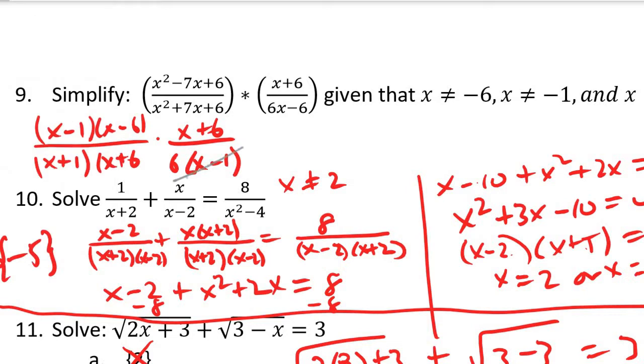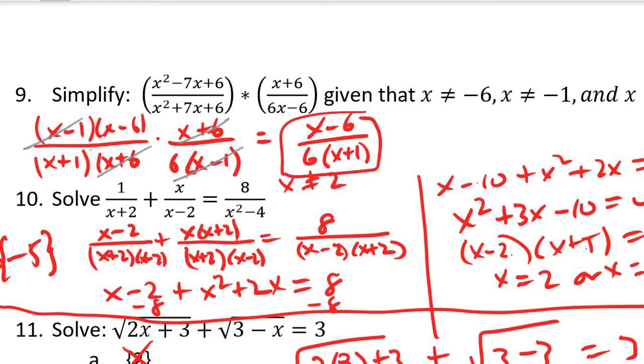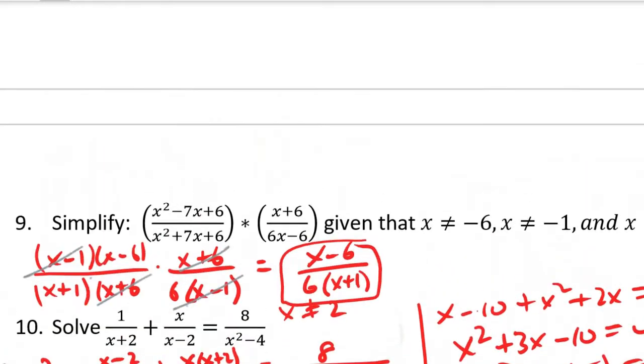X minus 1 is gone. X plus 6 is gone. And then the final answer will be x minus 6 over 6 times x plus 1. That is the answer when you multiply that.